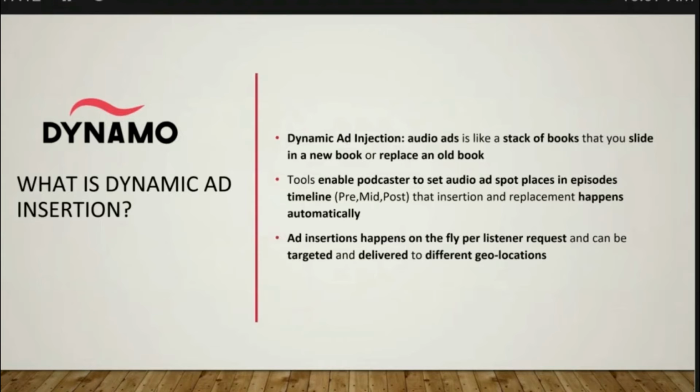At its core, dynamic ad insertion is audio ads that are like a stack of books. All of your shows basically have segments, right? And you could draw this correlation between a stack of books and a segment of audio. All dynamic ad insertion does is slide an audio book in and out of a bookshelf.